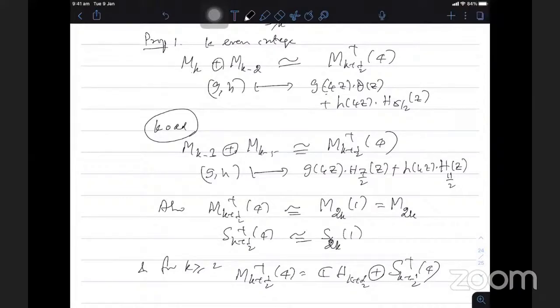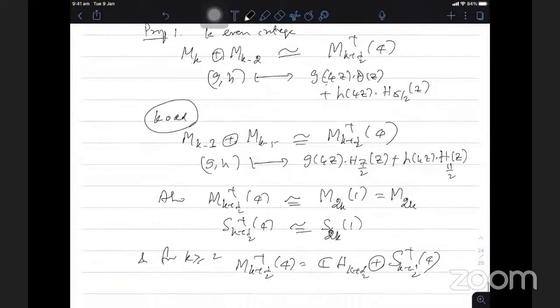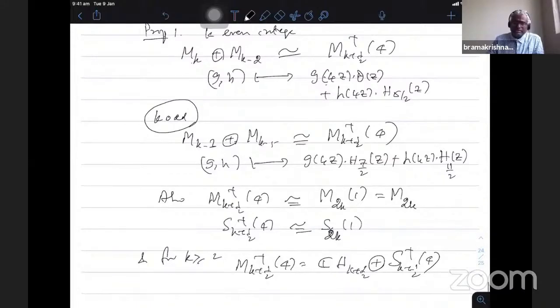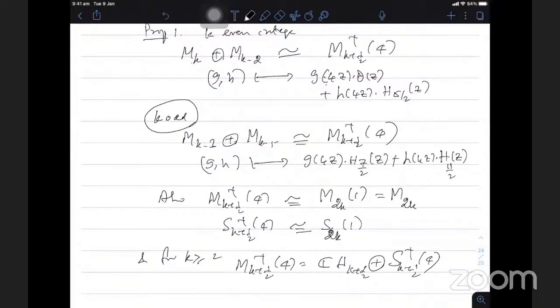No, sir. But suppose I want M_4 or M_6 direct sum M_4, can't I just choose my k appropriately in the odd case? You are asking about the second case? No, sir. I'm saying in the first case and the second case, I don't see why the left-hand sides are different.